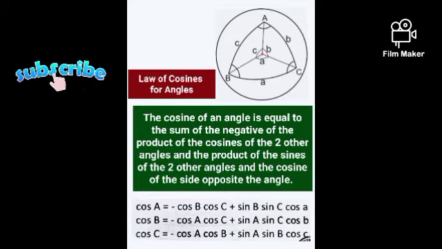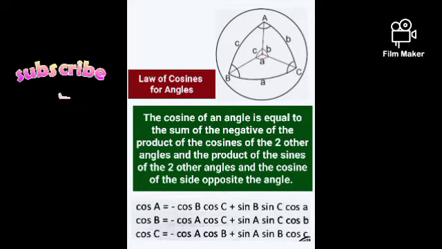Again, the law of cosines for angles states that the cosine of angle B is equal to the sum of the negative of the product of the cosines of the two other angles, angles capital letters A and C, and the product of the sines of the two other angles, capital letters A and C, and the cosine of the side opposite angle capital letter B, which is side small b.